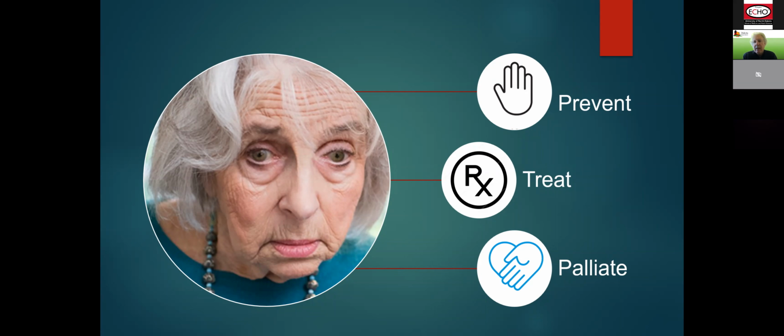And then finally, when you reach a certain stage where there's no modification of the disease process, and it's inevitable that you're going to see that individual reach the end of their lifespan, then we talk about palliative and hospice care. Next slide, please.